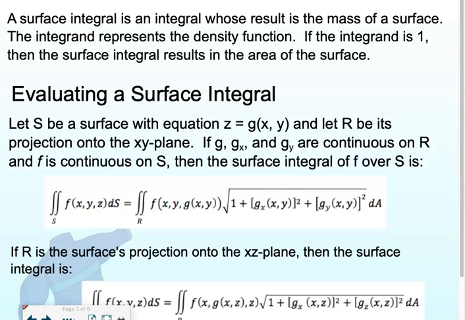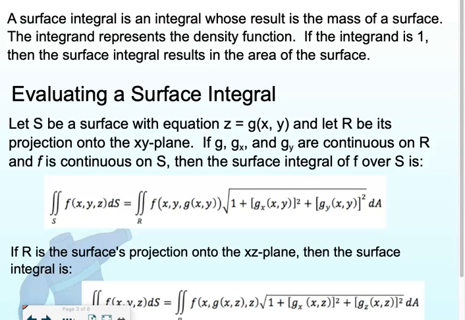Okay. So, evaluating a surface integral: let S be a surface with equation z equals g of x, y. Let R be its projection onto the xy plane. If g sub x and g sub y are continuous on R, and f is continuous on S, then the surface integral of f over S, the double integral over S of your function dS, is essentially the double integral over the region R, the projection down onto the xy plane.